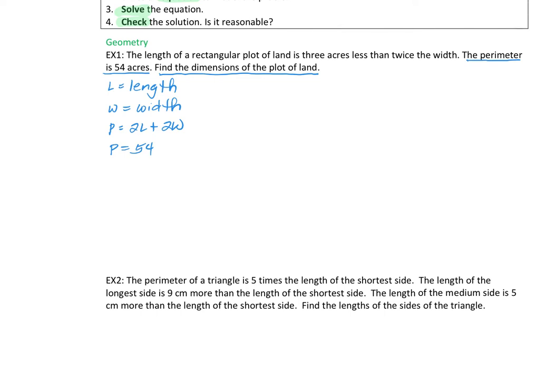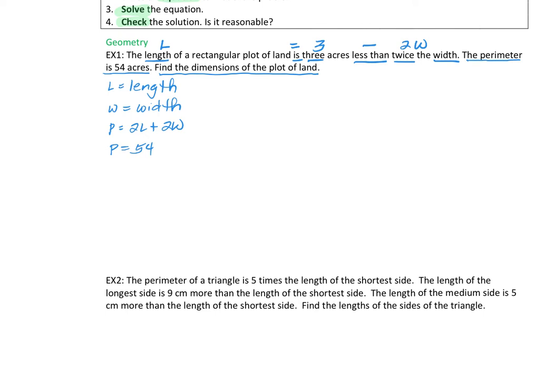But I also have that the length is 3 acres less than twice the width. So the length, L, would be my equal. I have 3 acres less than, which means to subtract, twice the width. So 2 times W. But since this is subtraction, I have to be very careful.